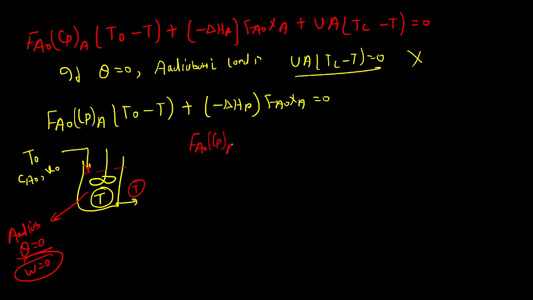Fa naught Cp of A (T naught minus T) is equal to minus delta H of R Fa naught Xa.